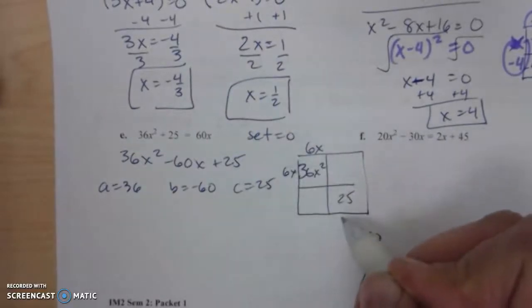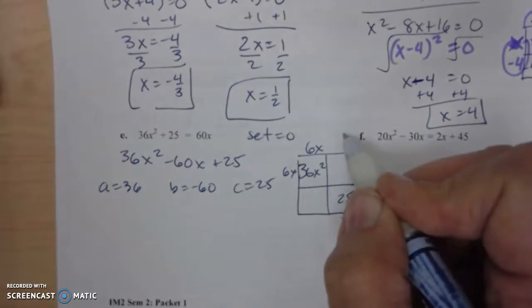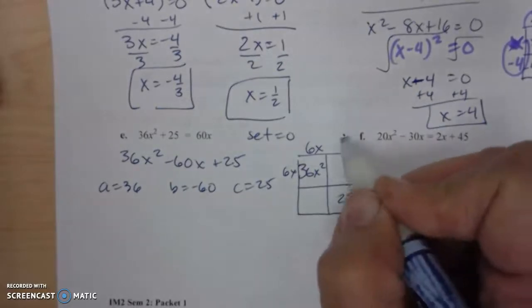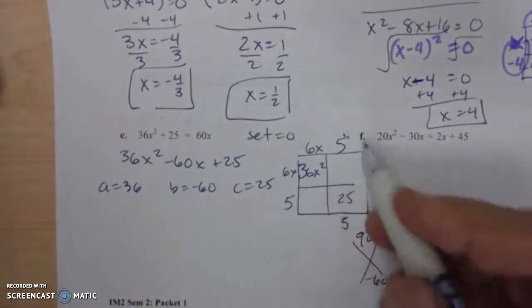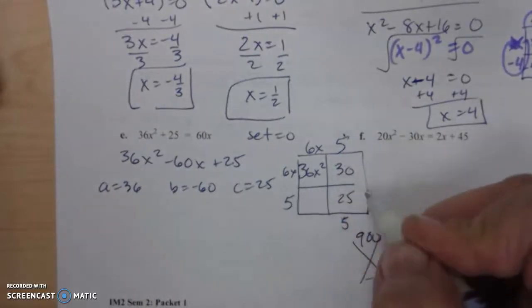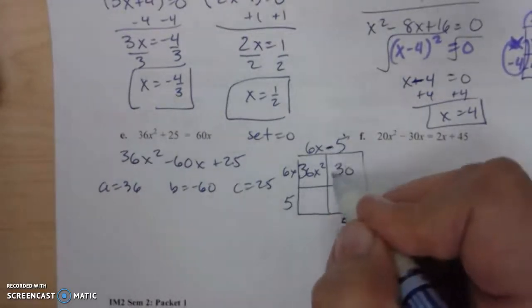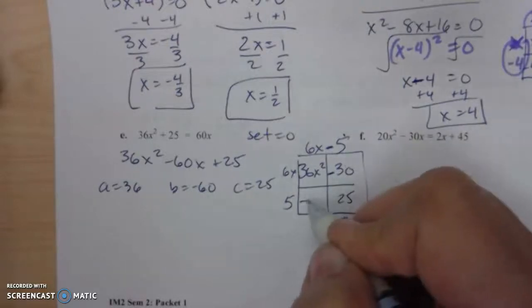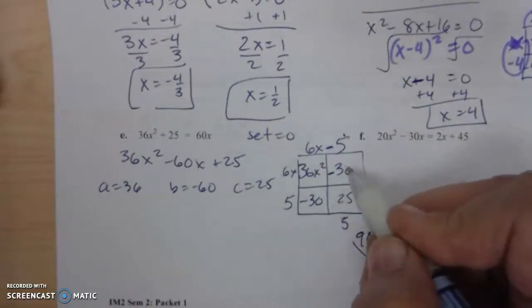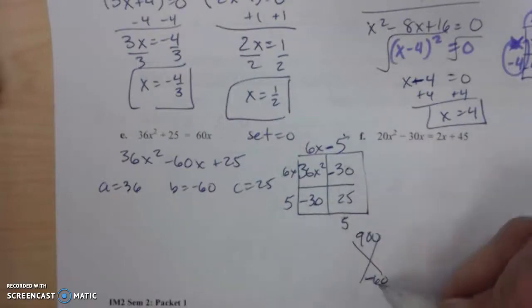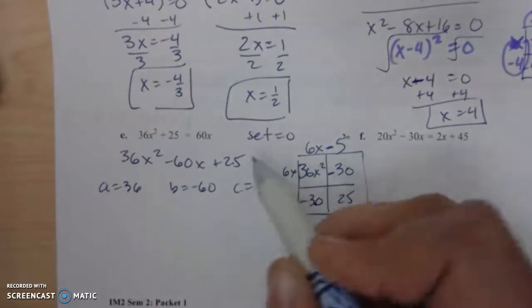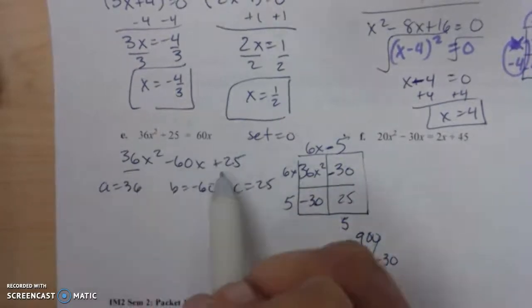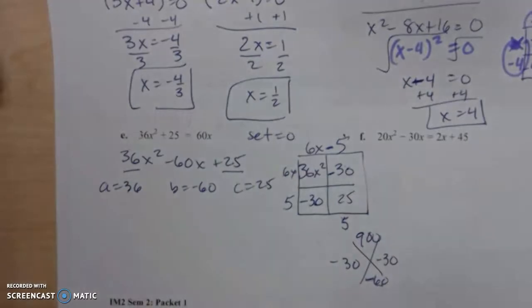This is a perfect square of 5 times 5. Does it work out? If I get 30x here, make this a negative because I have negative 60, negative 30 and negative 30 makes negative 60. Oh my goodness, this is going to work out to have 30 and 30. But I noticed that because my first term and my last term were perfect squares.